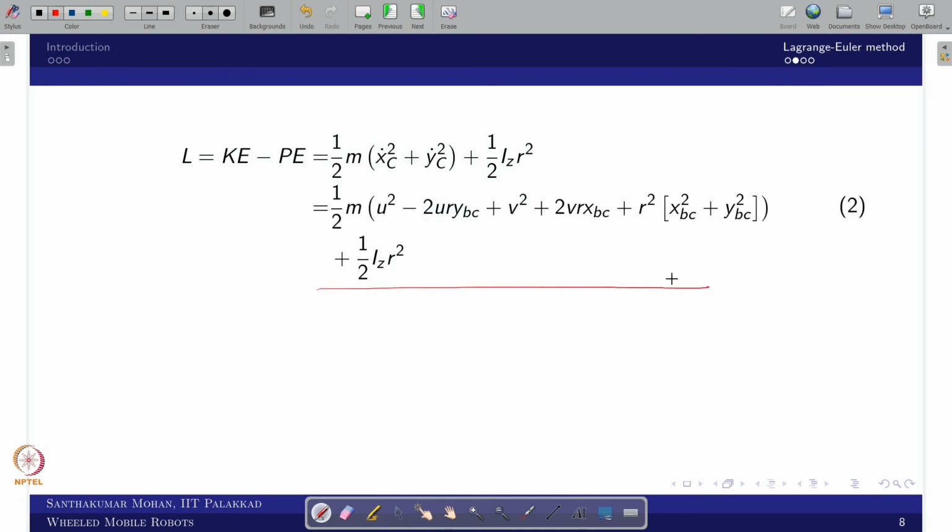First I write the bigger equation, in the sense I expand this xc dot and yc dot in the form of u, v, r, substitute and square it, and make this equation. Now what are we trying to do? We are trying to take dou L by dou u, dou L by dou v and dou L by dou r, right.